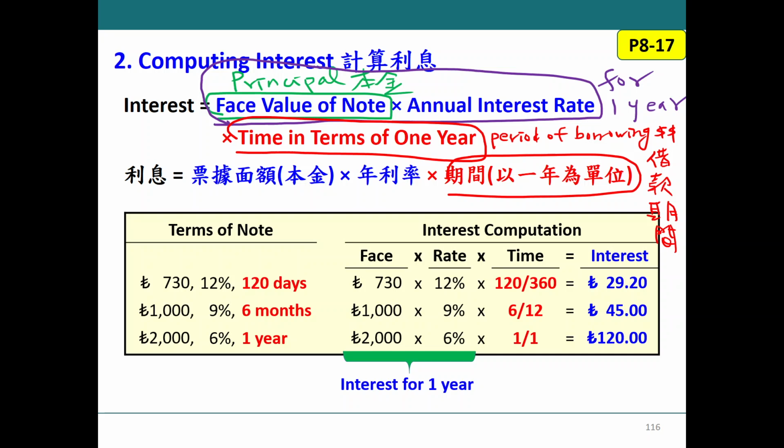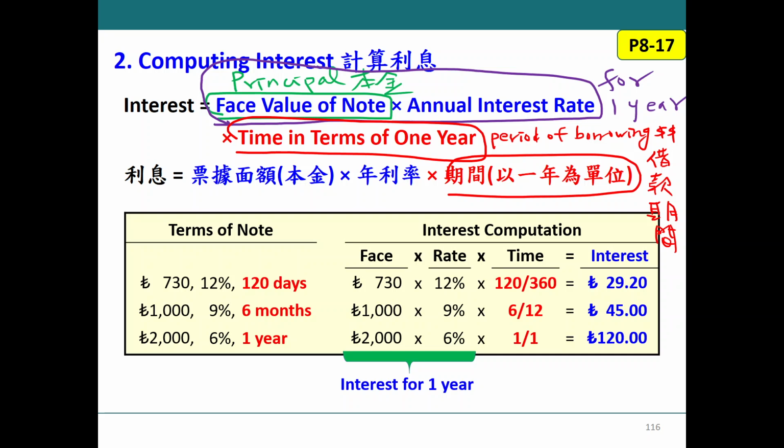So for 3 cases, $370, that's a principal, right? 本金. For 12% is for 1 year. But remember, the interest you need to pay depends on how long you borrow the money, right? So that's why I told you, you owe the money only 120 days. Based on days, that is easier for you to consider days, okay?